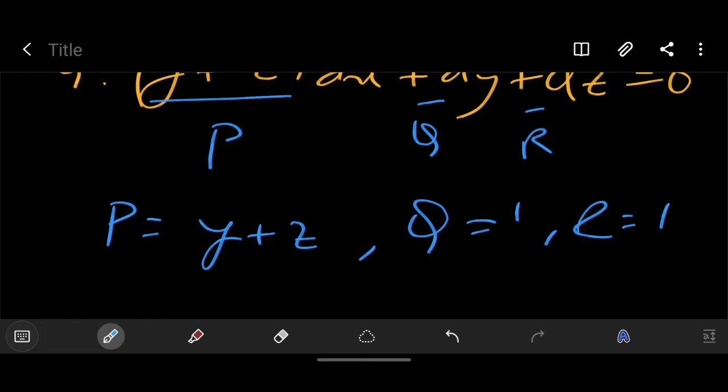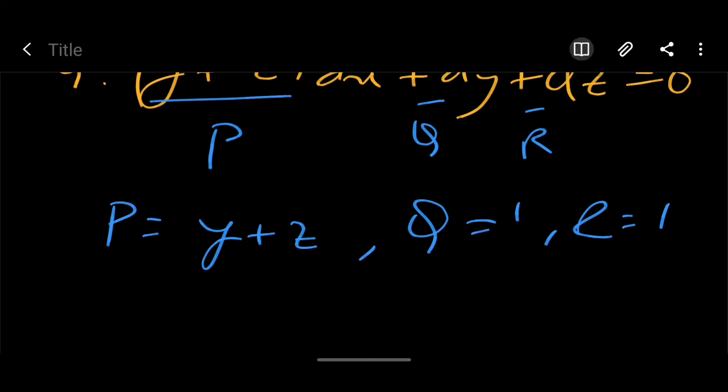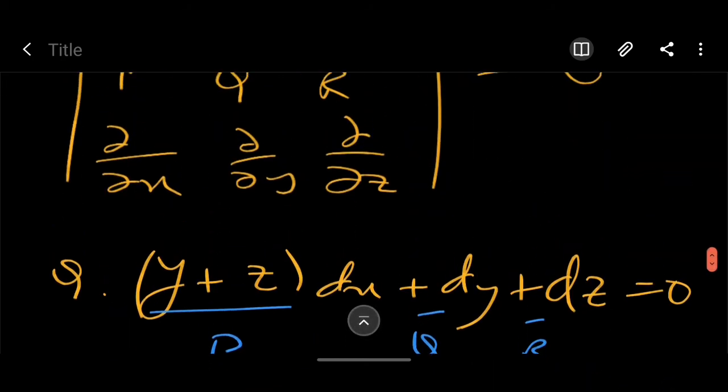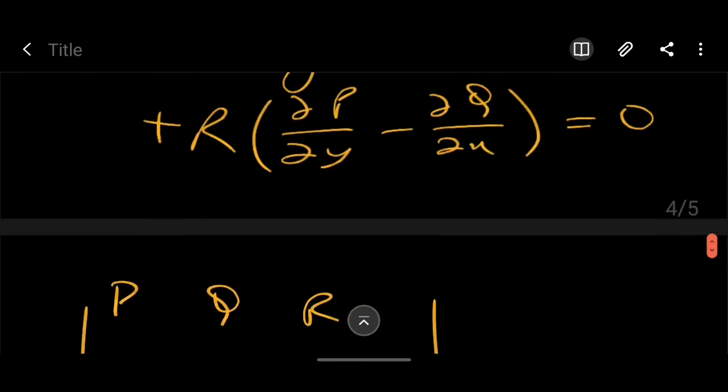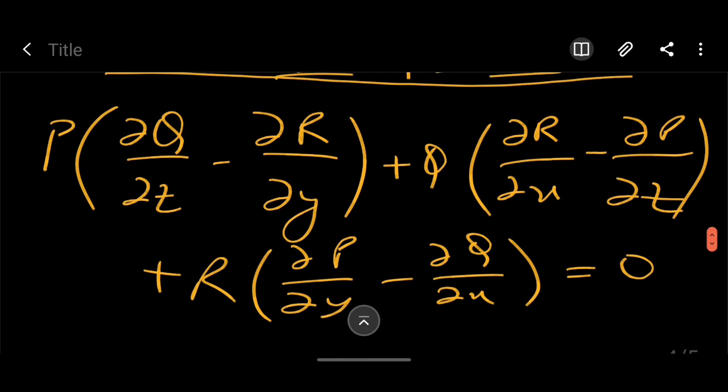All right, so let's check the condition. Is it integrable? What is the condition for integrability? We can use the matrix form, or we can use this very long one.